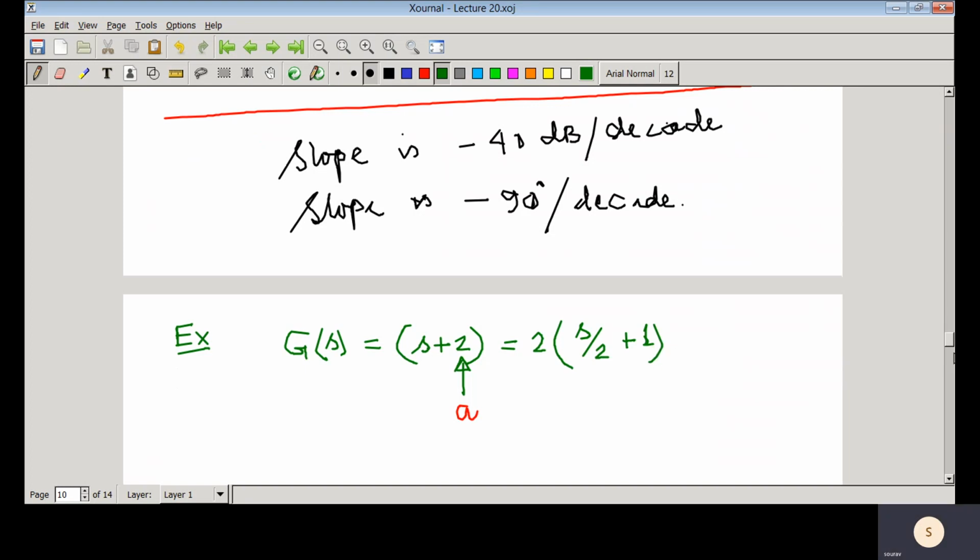So now what would be G j omega? G j omega is equal to 2 into j omega divided by 2 plus 1.